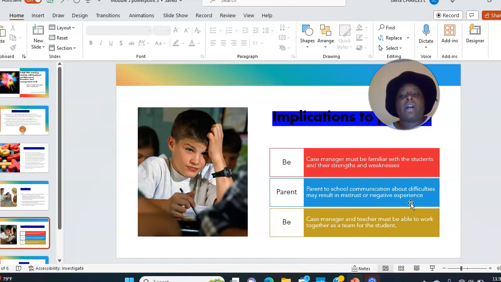And I have seen it where the therapist will explain to the teacher and the teacher will explain to them, and they'll go back and forth until they find a resolution. So I have seen that happen, and it's very important for the case manager and the teacher to be able to work together, because it's a team effort.